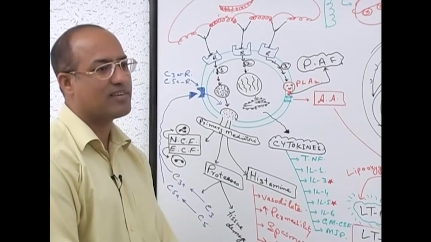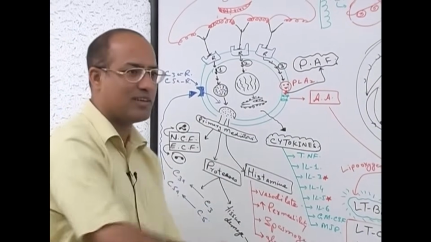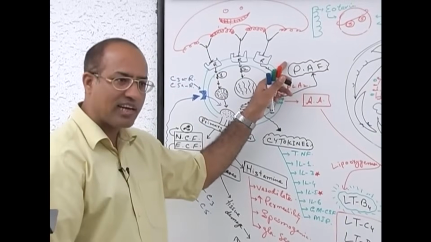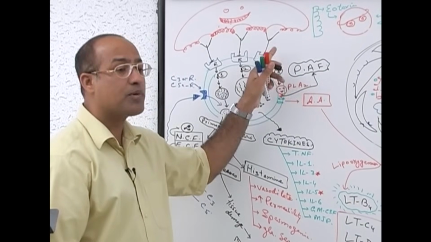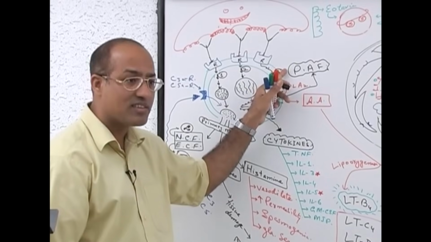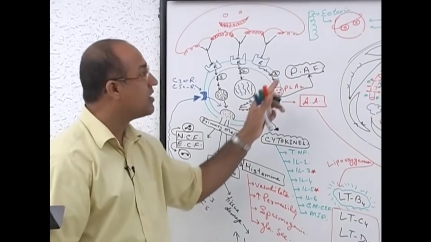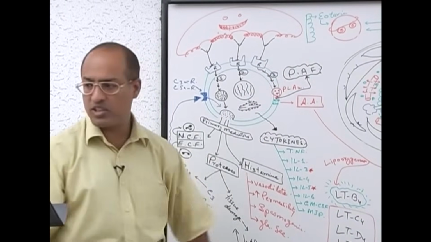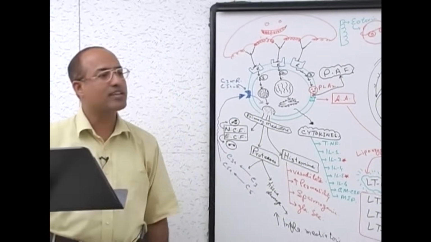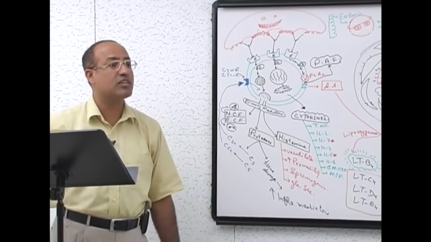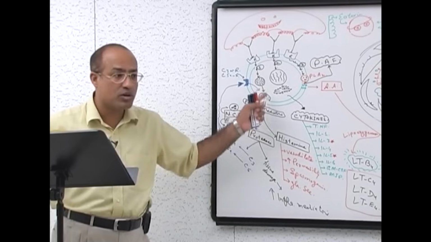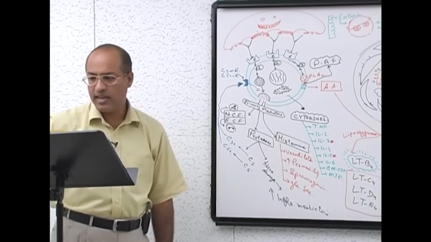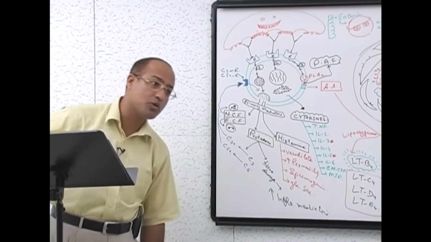It does everything that all the others together are doing. It can produce vasodilatation, increased permeability, more histamine release, it can stimulate the mast cell. But even though by name it is platelet activating factor, it can aggregate the platelet, and it can act on the mast cell and release more histamine. It is a very strong bronchospastic agent.